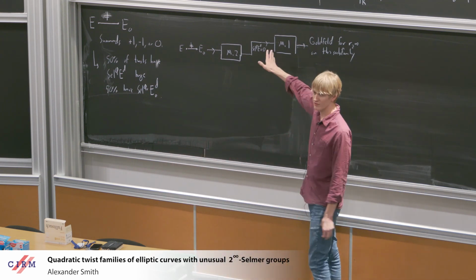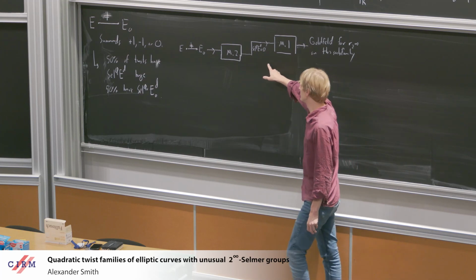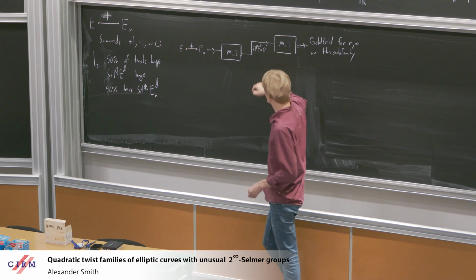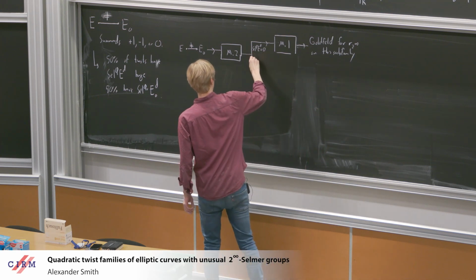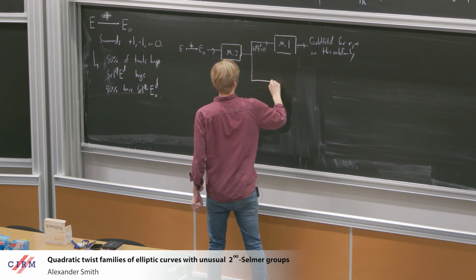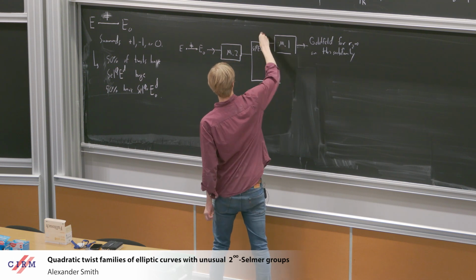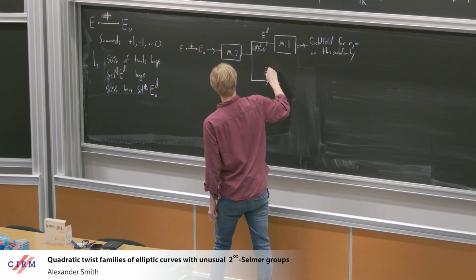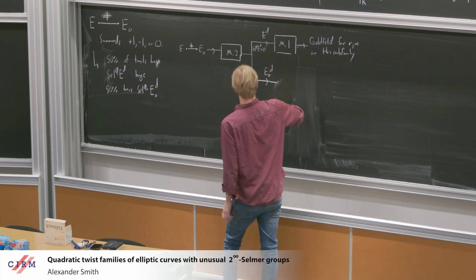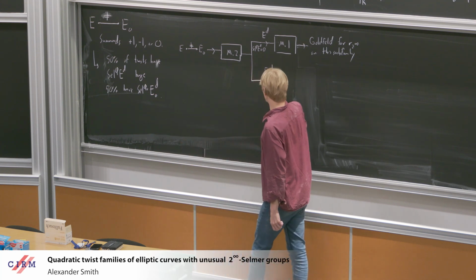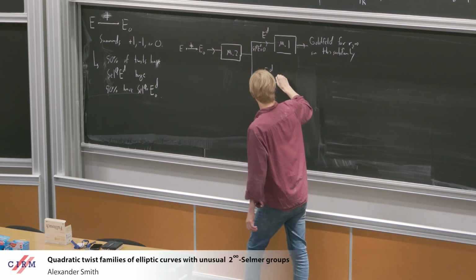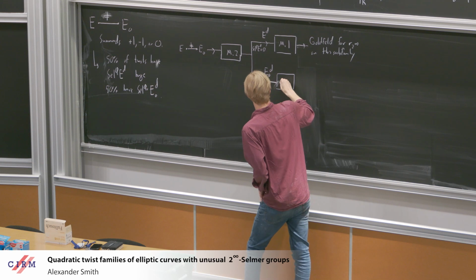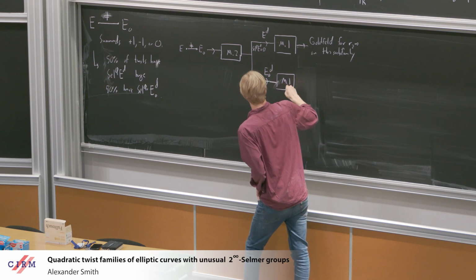But that's only half the story, right? We somehow need to deal with the case where this isn't true. But in the case where this isn't true, we can actually still apply machine 1. Whereas for these curves we looked at E_D, let's instead look at E'_D. So the φ Selmer groups in this branch are going off to infinity, but the φ' Selmer groups for E'_D are still nicely behaved.